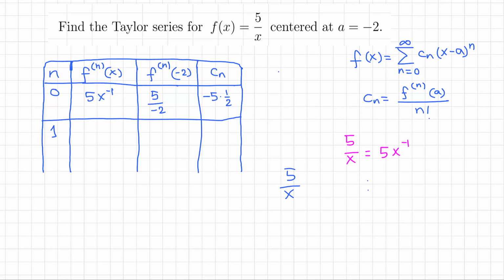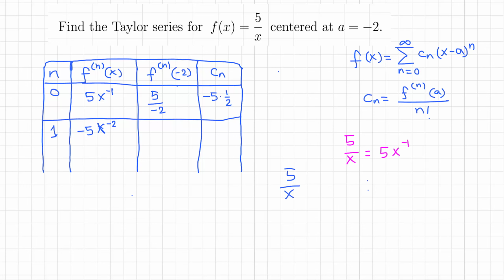Let's look at n = 1. Find its derivative. From the power rule, -1 times 5 is -5, x to the n minus 1, so -1 minus 1 means -2. Evaluate this at -2.